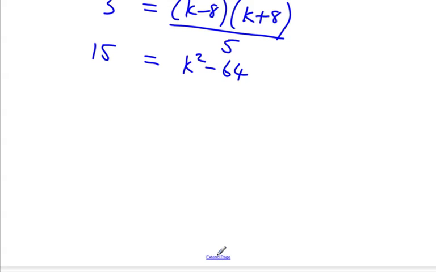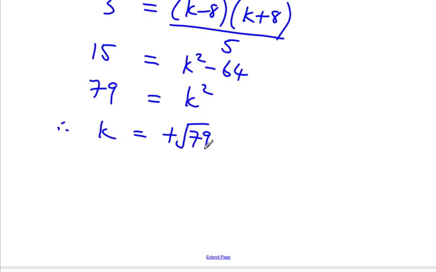And therefore, k squared equals, add 64 to both sides, and you get, what's that, 79? Therefore, k equals the positive square root of 79 and the negative square root of 79. Whatever that is, which is about 8 point something. Yeah, a massive question.